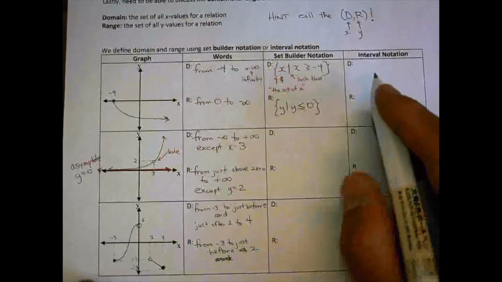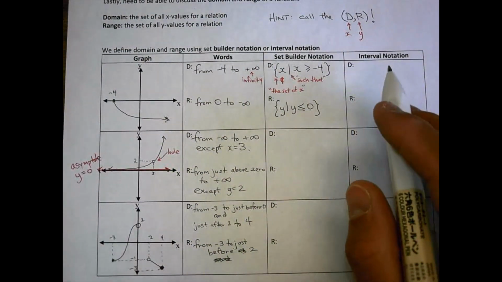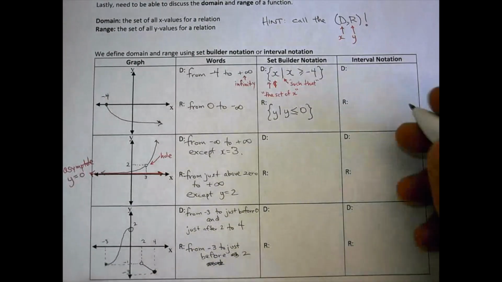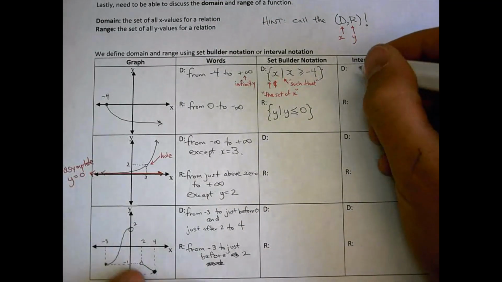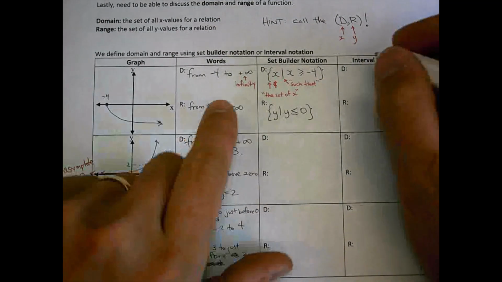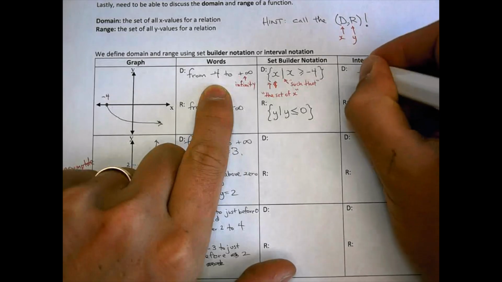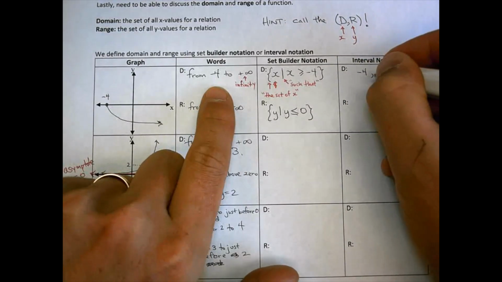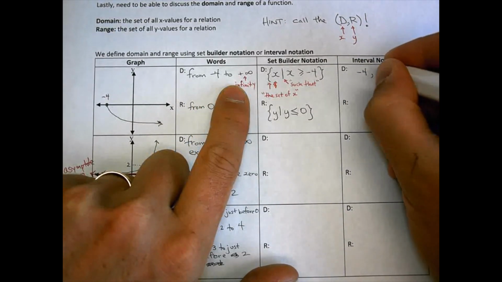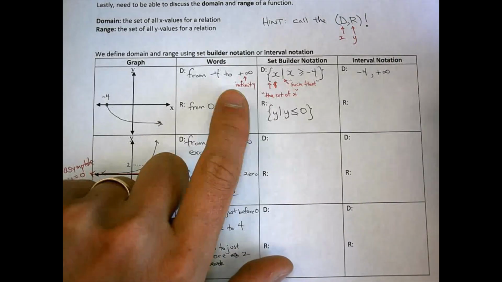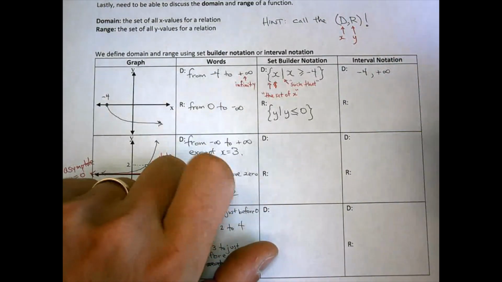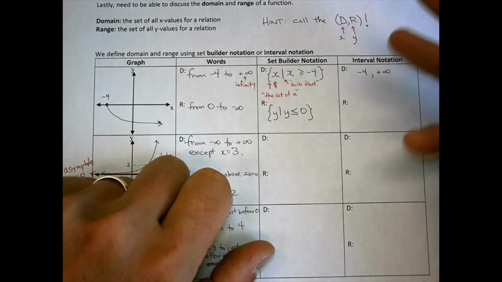Okay, another type of notation is called interval notation. This is a different way of writing things. This is where I just write the two endpoints. So in this case, I have -4 and +infinity. The only thing about interval notation is you have to be very careful about the brackets you put around it.